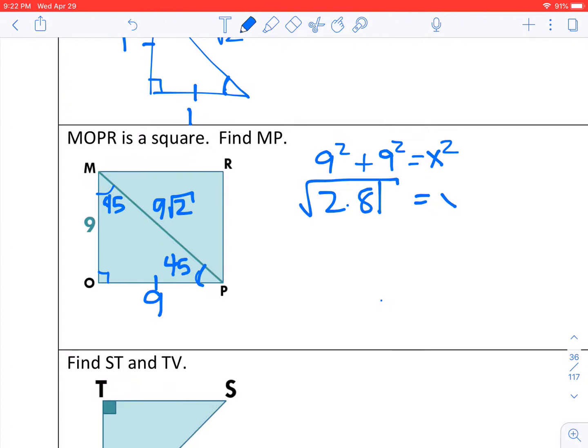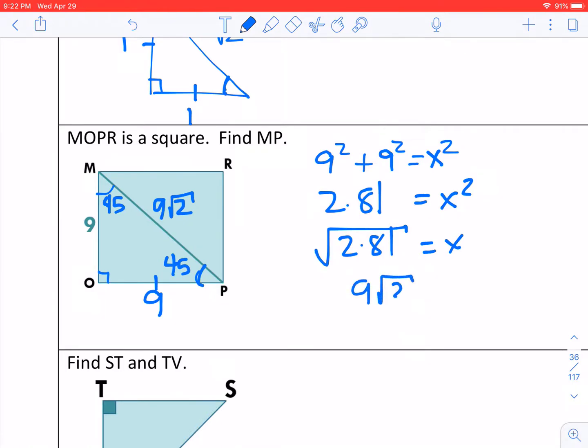Too many steps there in one step. Sorry about that. Let's get rid of the radical for a second. And we have x squared. So then we say take the square root. 2 times 81. And radical 81 is 9. So therefore we'll get 9 radical 2. Yeah? But notice that takes a little bit longer than just memorizing the pattern.